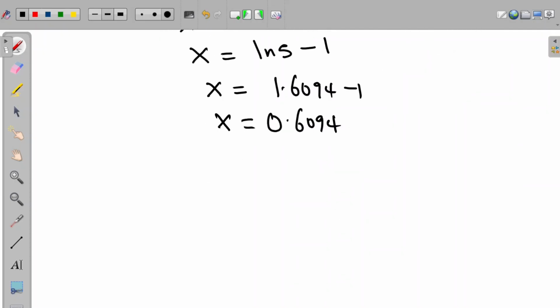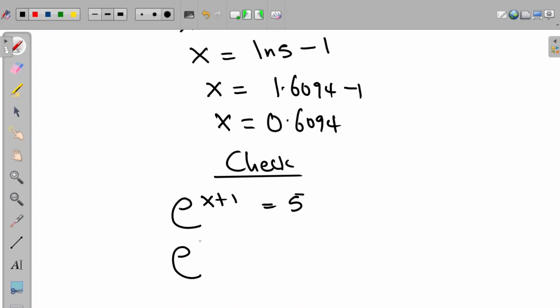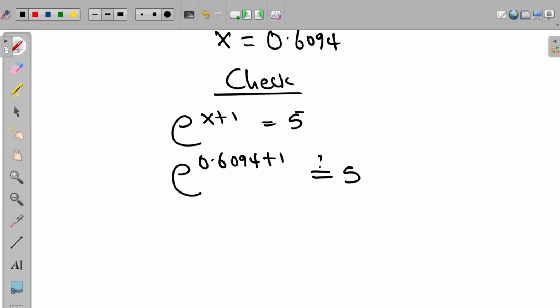So we are given that e raised to the power of x plus 1 is equal to 5. So e raised to the power of 0.6094 plus 1 is equal to 5. So we have that this becomes e raised to the power of 1.6094, which will be equal to 5.